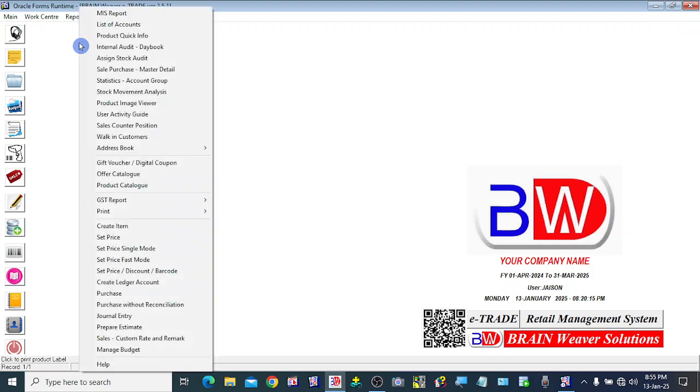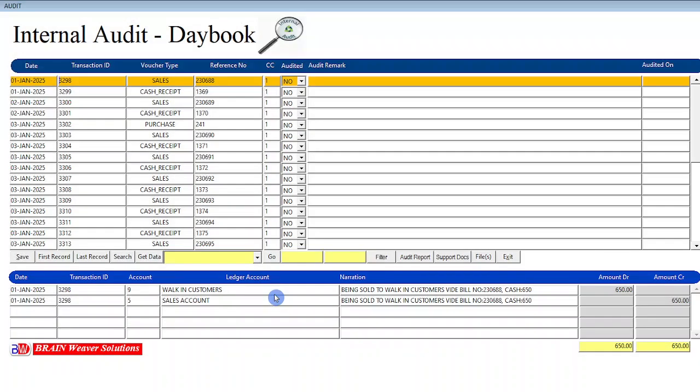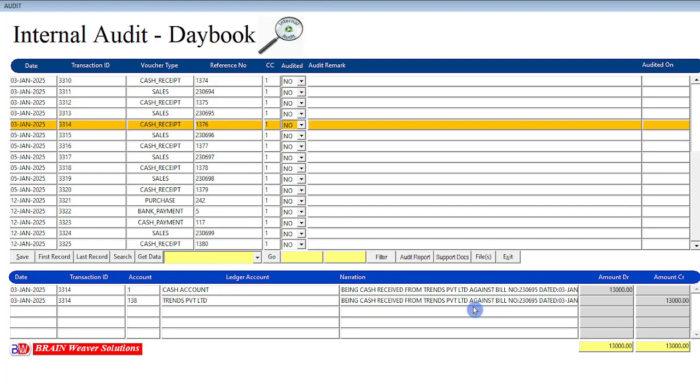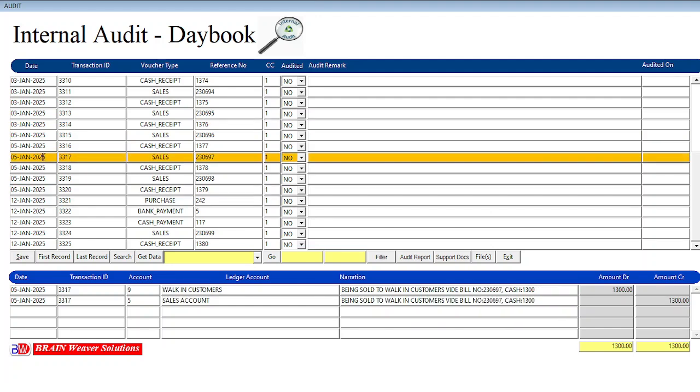By pressing the mouse right button on the home screen, we can see the internal audit debug feature. Suppose your internal auditor is auditing all the vouchers pertaining to the month of January 2025.